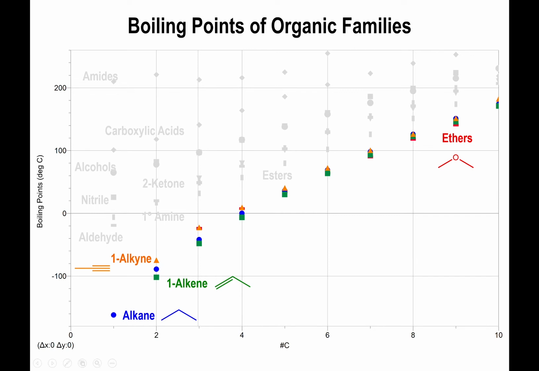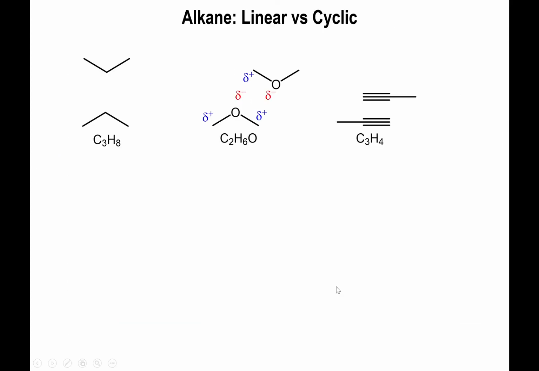But the ethers are kind of weird in the sense that they have lower boiling points for the higher structure. So what's going on here? If you consider the structures of these two molecules, you can say, well, the oxygen is attracting electrons to it, the carbon is losing those electrons as a result of the electronegativity of the oxygen.